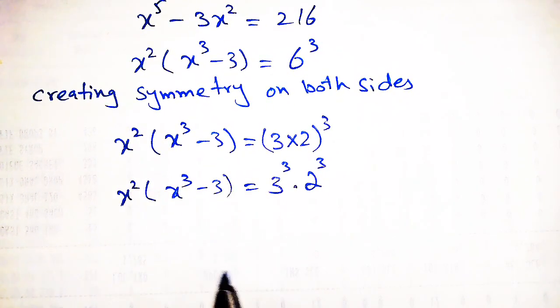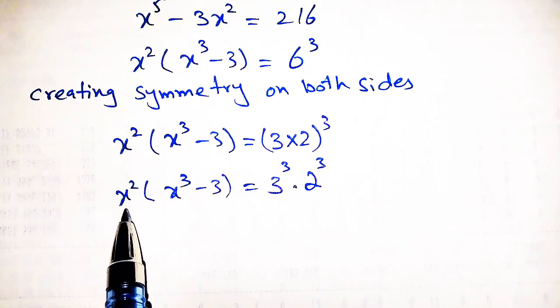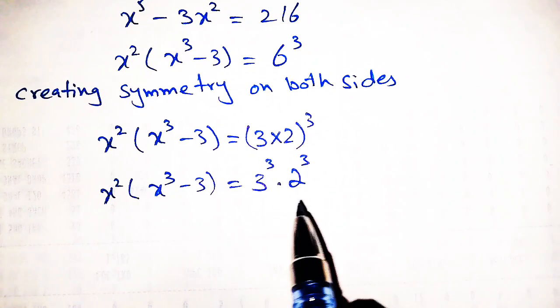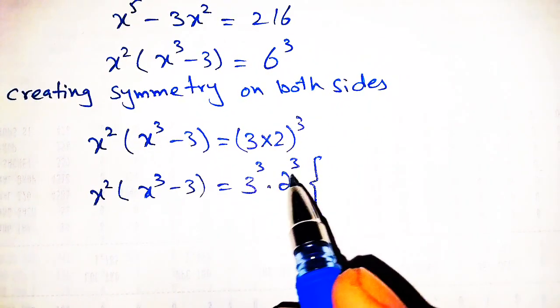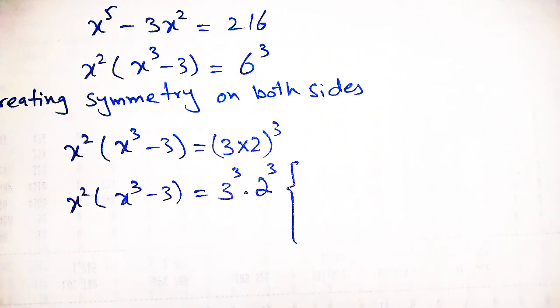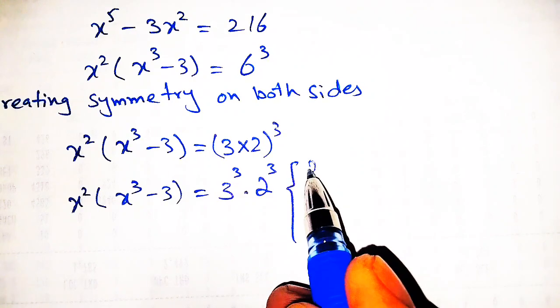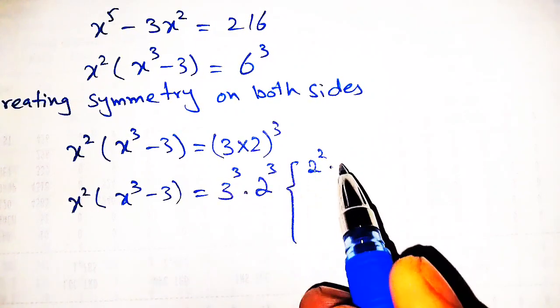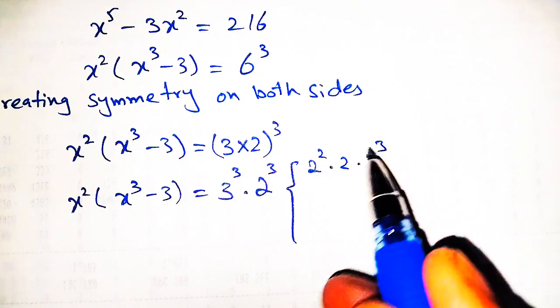so we will write the different pairs to create symmetry. We can write 2 raised to power 3 as 2 square times 2 times 3 cube.